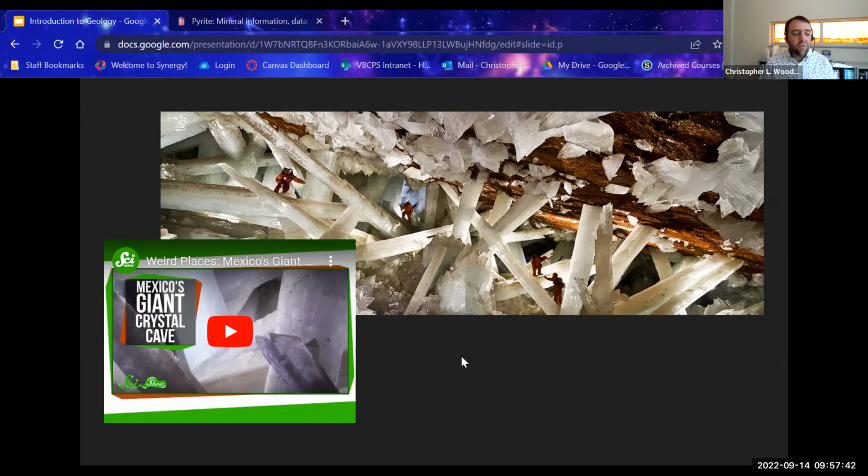The cool thing about this place, though, of course, is that the water, if there was any life in it, or any evidence of life, could be trapped in those crystals. And so scientists are allowed to go and explore and take samples and things like that. Here's the trick, though. It's 100% humidity and the temperature is over 120 degrees Fahrenheit.